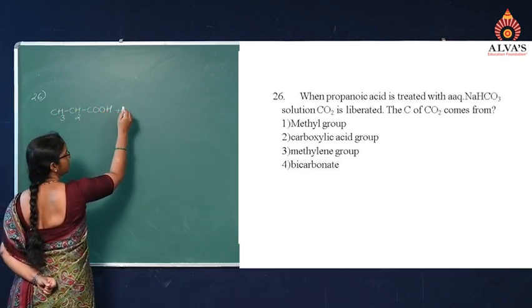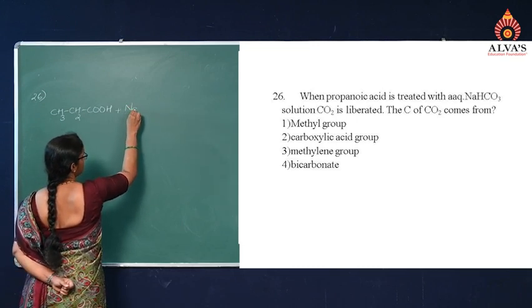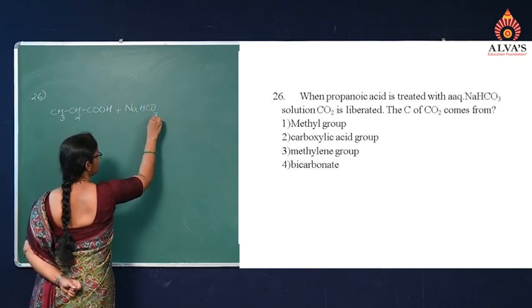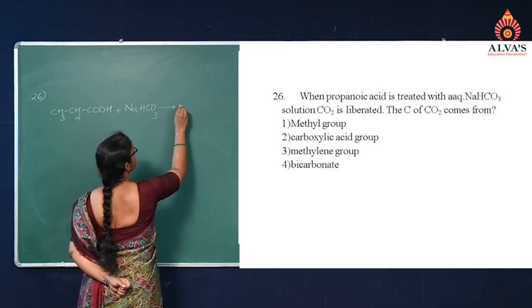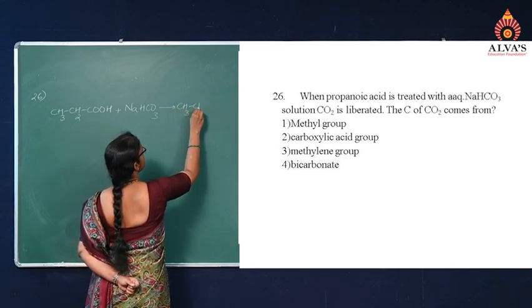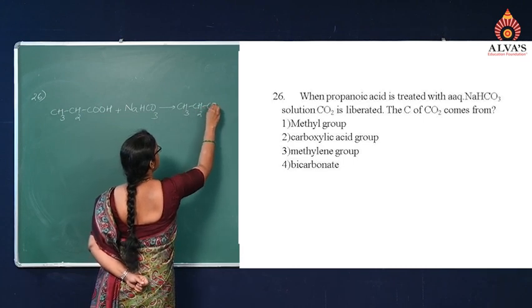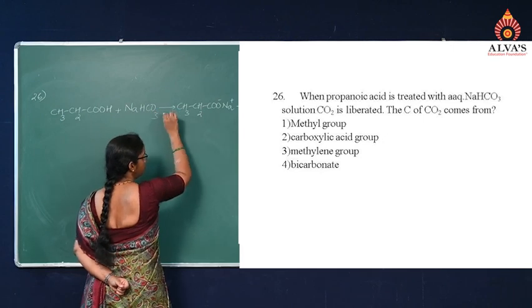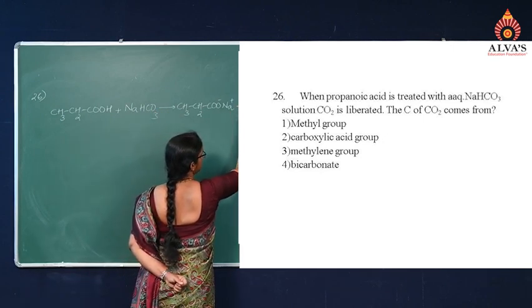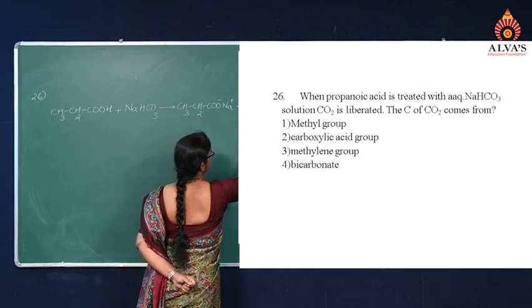It's an acid. When you react it with sodium bicarbonate, it's a base. So acid reacts with base to form salt and water. So I'm going to get CH3, CH2, COO minus, Na plus, and the CO3 from the bicarbonate is released as carbon dioxide with formation of water.